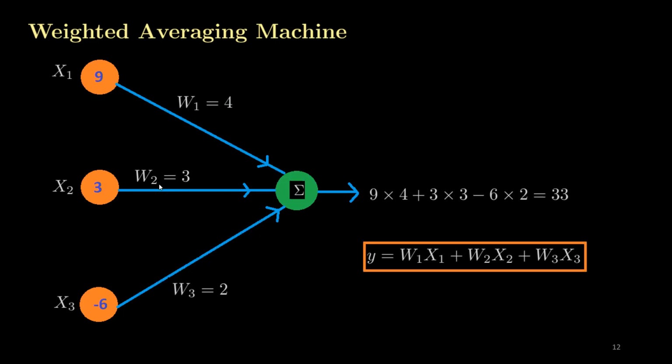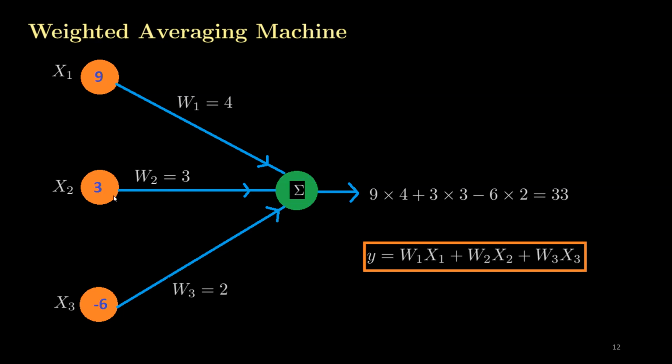If we want to write the equation first and then put in the values, we can do that. This branch has a weight W1, so it will multiply with X1. So this branch will give a signal called W1 X1 to this perceptron.